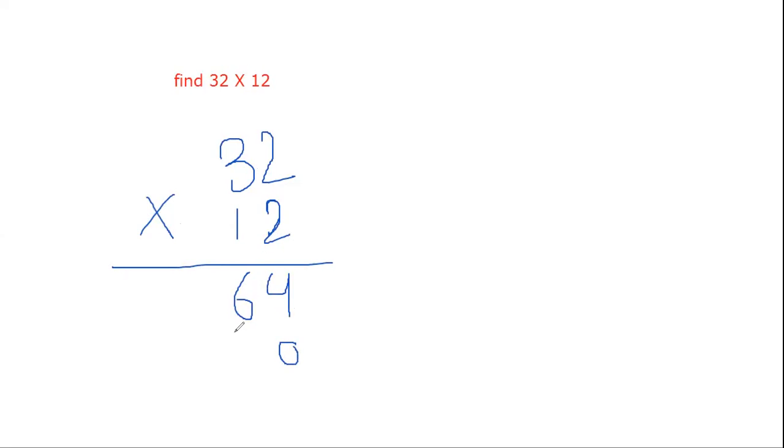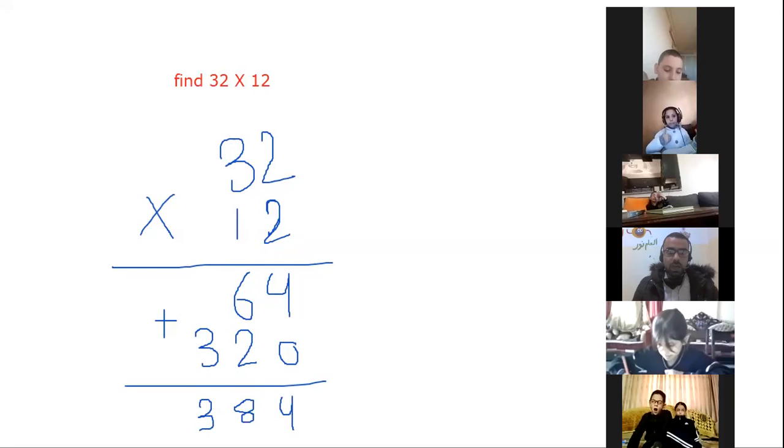Now 1 times 2 is 2. 1 times 3 is 3. Then we add. So 4 plus 0 is 4. 6 plus 2 is 8. And nothing plus 3 is just 3. So it's 384.